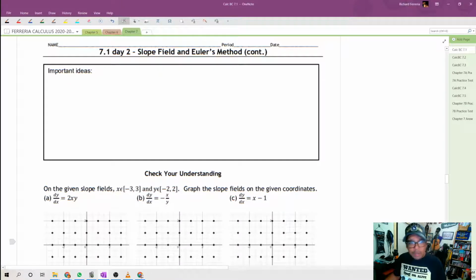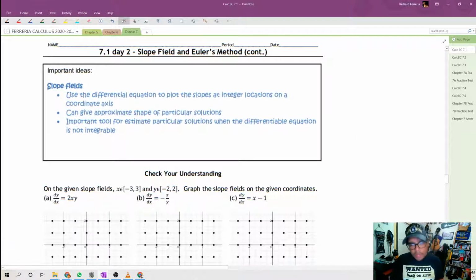And we are here at important ideas about the slope field, and really not a whole lot to do here. The slope field, of course, is using the differential equation to plot slopes at usually integer locations on a coordinate axis. Although you can imagine that using technology, you don't actually have to be constrained to those integer coordinates. You can give an approximate shape for particular solutions. If you have an initial condition, you just kind of bend along to the way that the slope field is going.